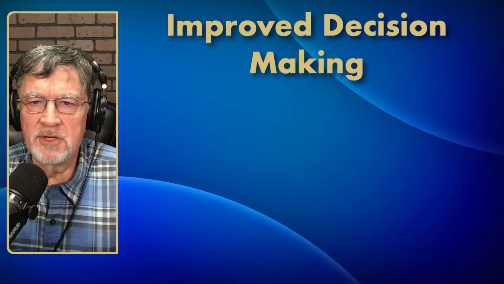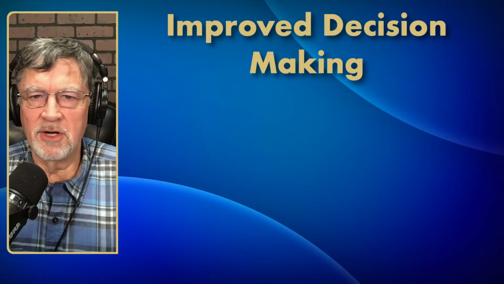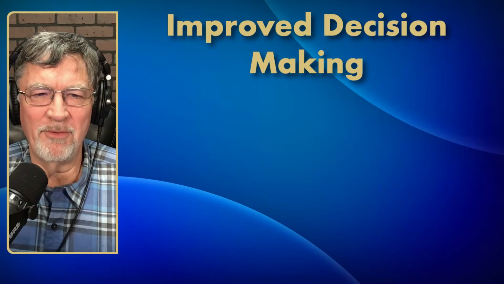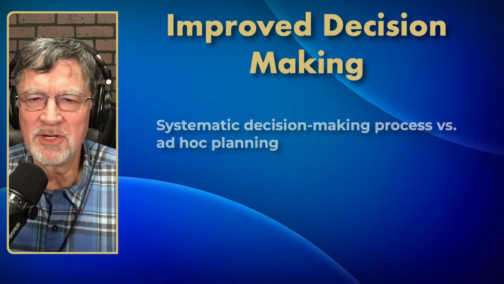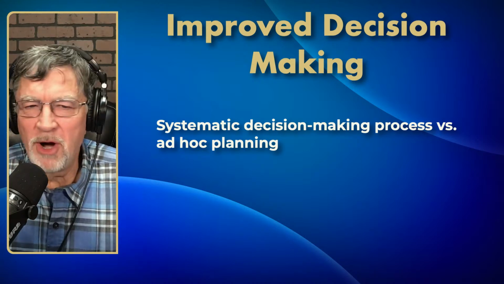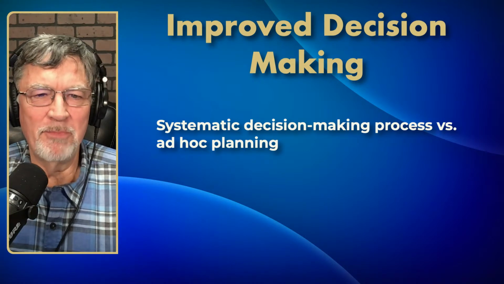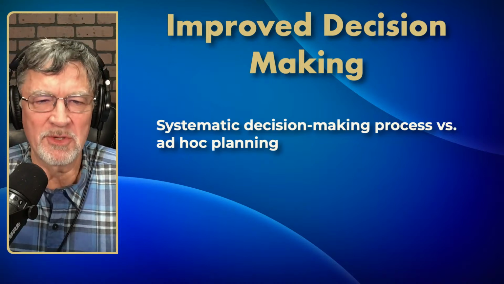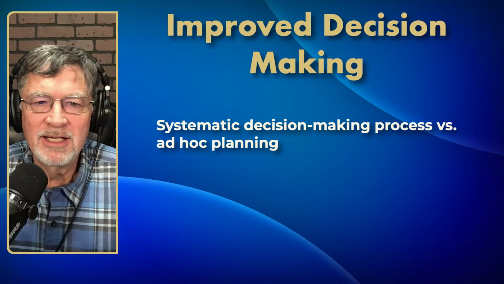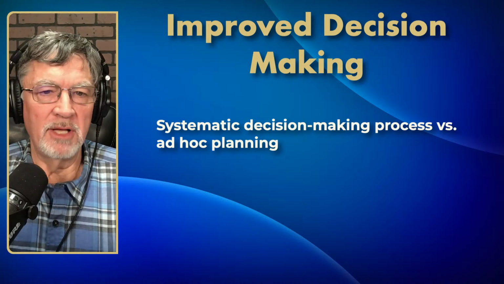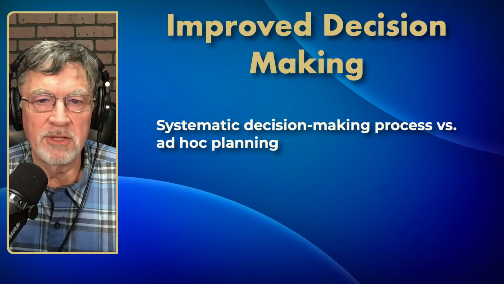So number one is improved decision making. That probably would have been your guess. What happens with a lot of small water districts, and I've been to their board meetings, is they do a lot of what we call ad hoc planning. It's just kind of winging it. That does not work when you're dealing with capital assets and trying to plan those things out.